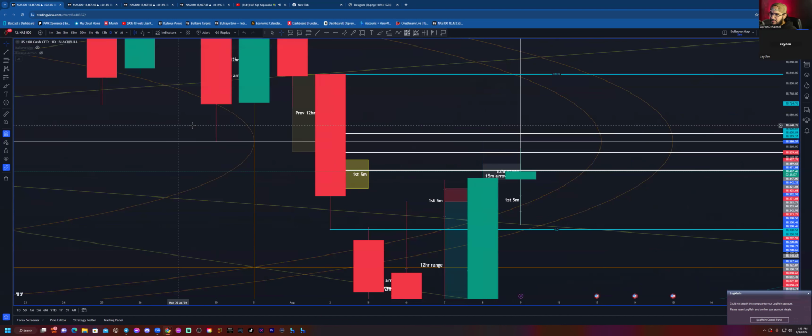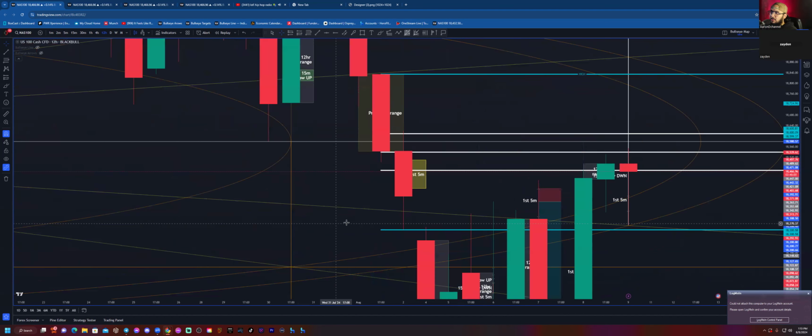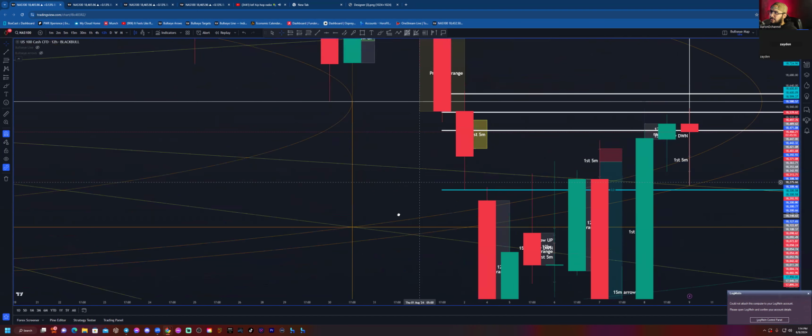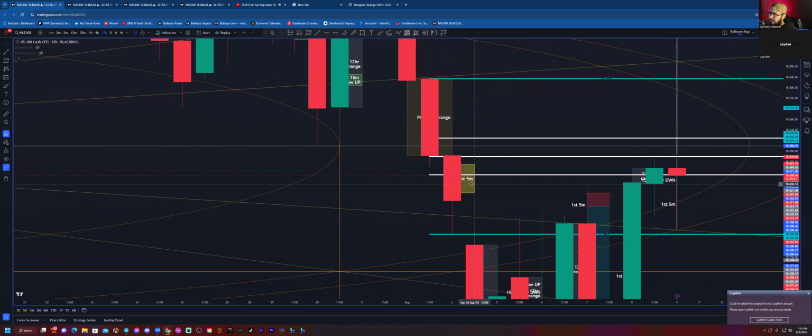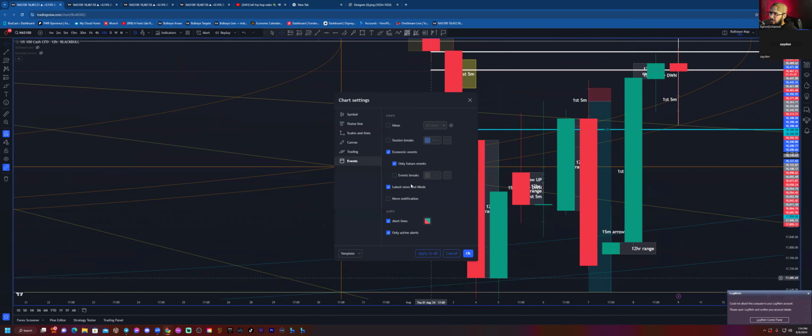Being bearish. Then we go to the 12-hour time frame. Monday starts on Sunday evening at 5 p.m. Then we want to mark up the first candle of our session on Monday.